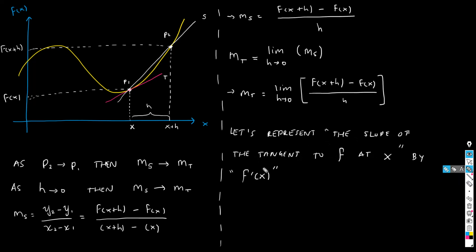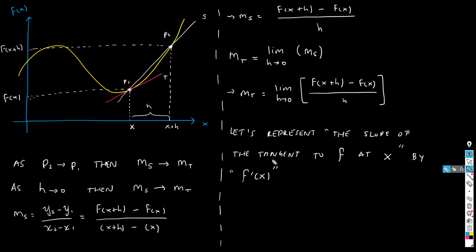In a way, it's as if this apostrophe, this little symbol, could be read as: the slope of the tangent to the function f at x. You see? So you're basically putting together all of these phrases in quotation marks, all of these words, into this little symbol. They mean exactly the same.